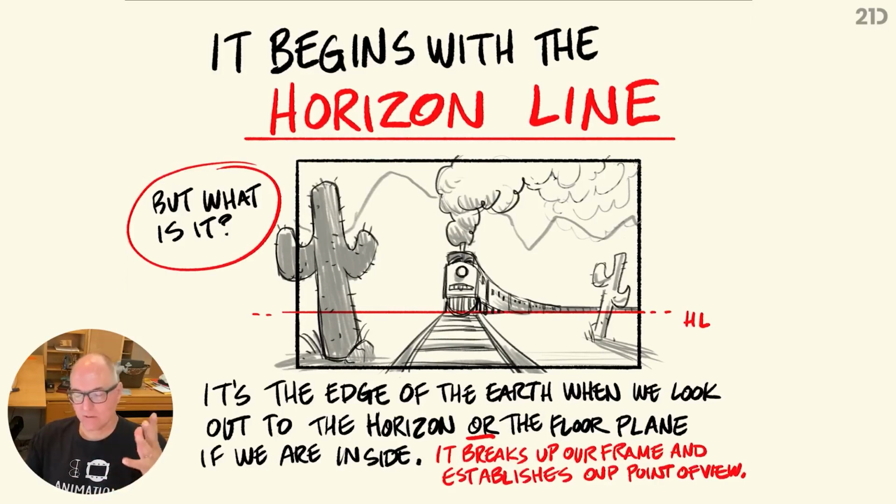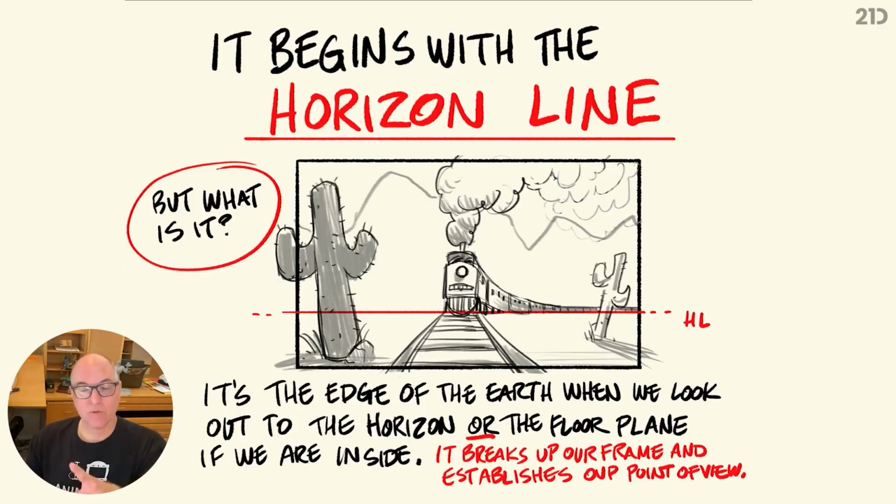But what is the horizon line? So it's basically the edge of the earth when we look out into the horizon. Or if you're in an interior, if you're inside of a house or something, often it could be the floor plane could be the horizon line, or a suggested horizon that we don't even see because we're indoors. So there's a lot of ways of thinking about that.